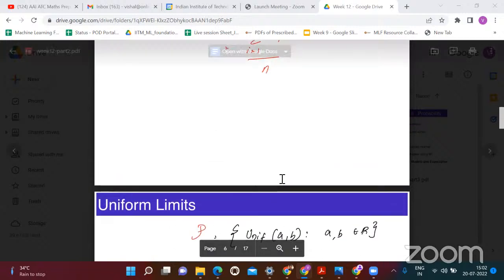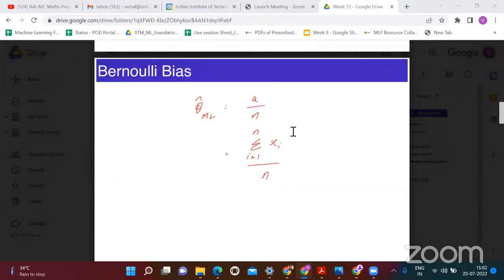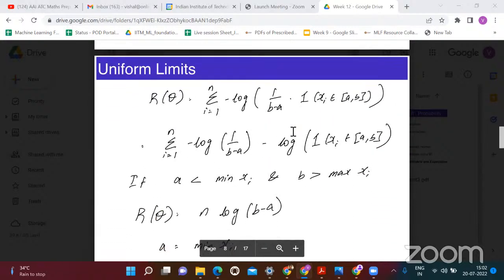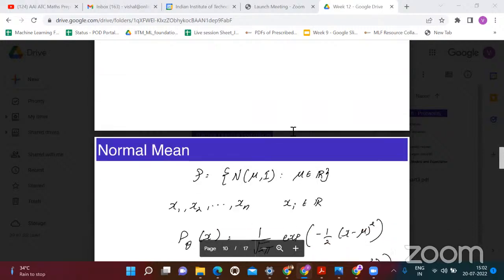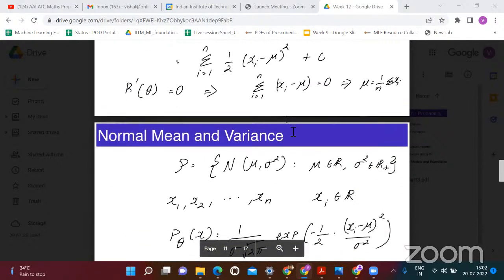Similarly, in the end, theta MLE was this one, and you all know that this is the best method to estimate the value of the parameter in the Bernoulli distribution. Similarly, you can do it for the uniform distribution. And for the normal distribution, you have two parameters.